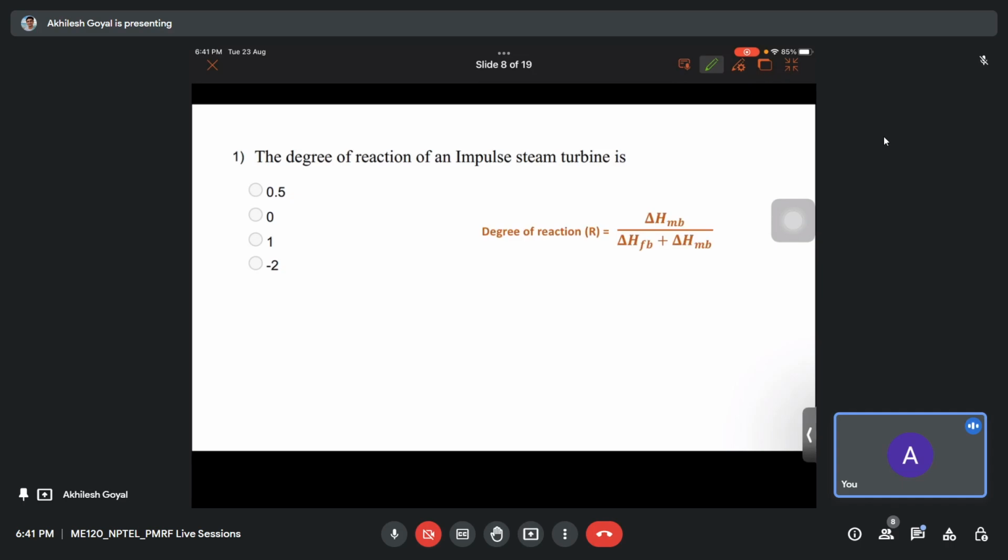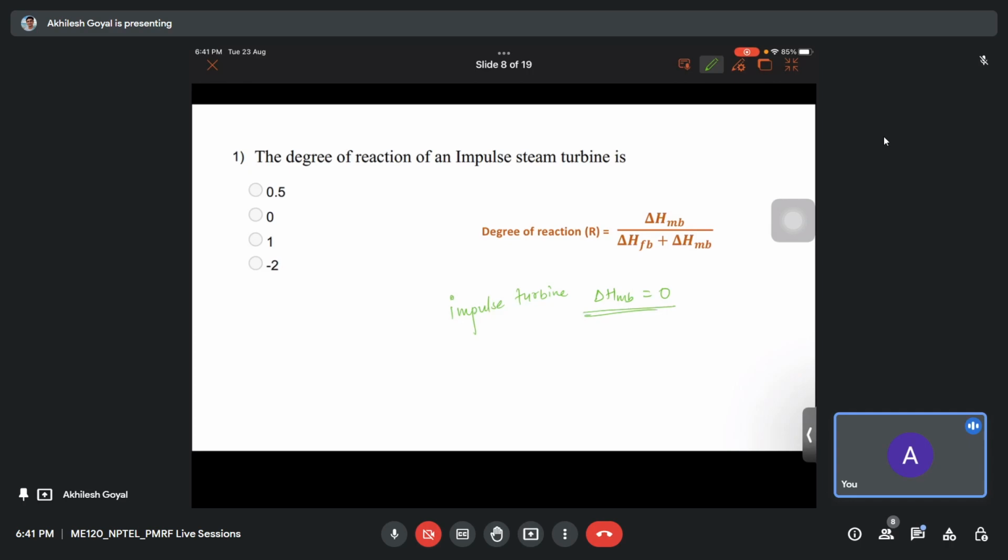Here we know the degree of reaction is defined as delta H moving blades divided by total enthalpy drop. In the case of an impulse turbine, delta H mb, that is the enthalpy drop in moving blades, is 0, because all the enthalpy drop takes place in the nozzle itself.